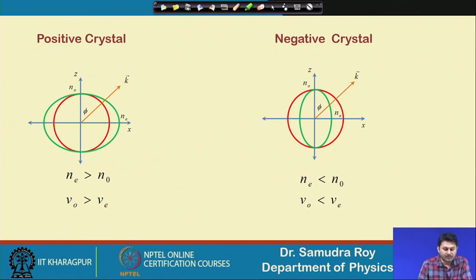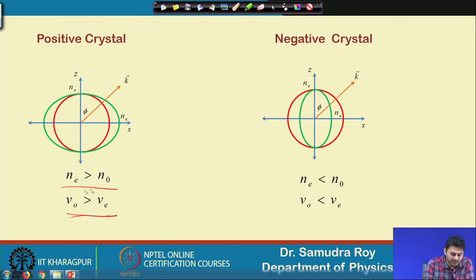In the positive crystal, the velocity of the ordinary wave is greater than the velocity of the extraordinary wave. That means the refractive index of the extraordinary wave is greater than the refractive index of the ordinary wave, and in a negative crystal the opposite happens.